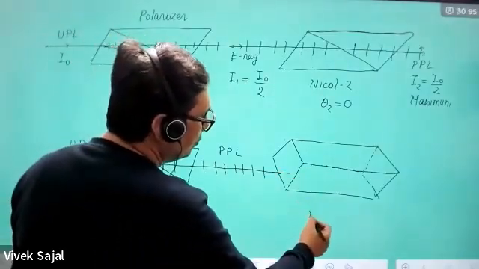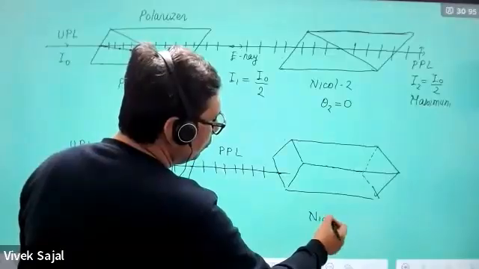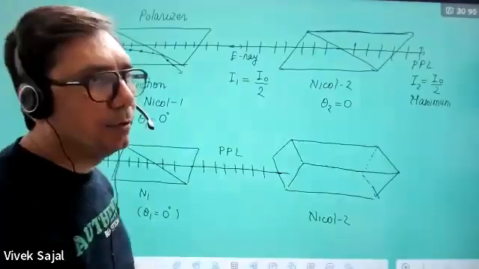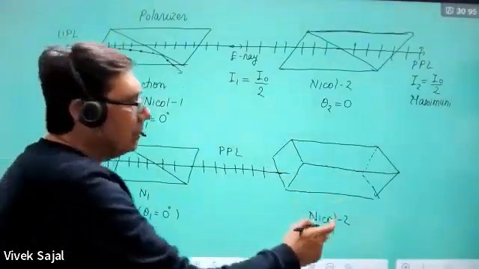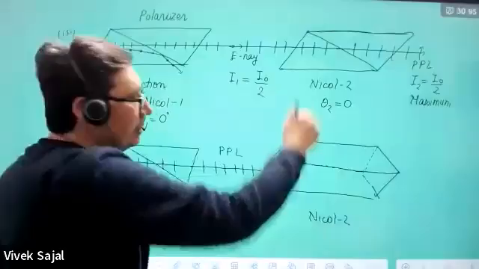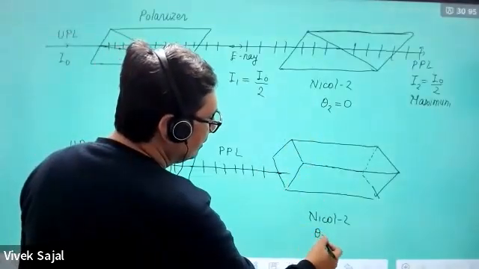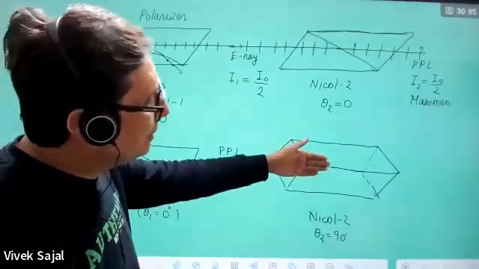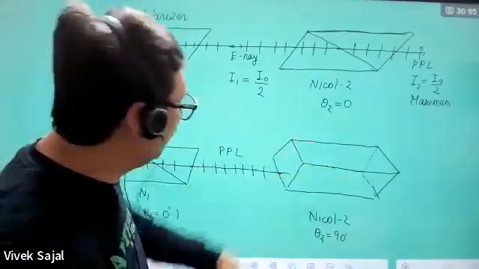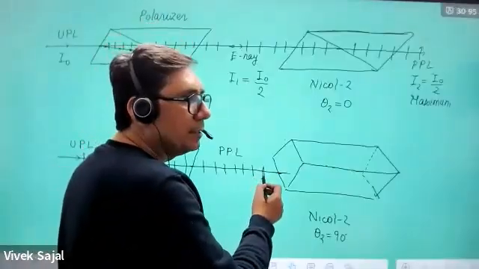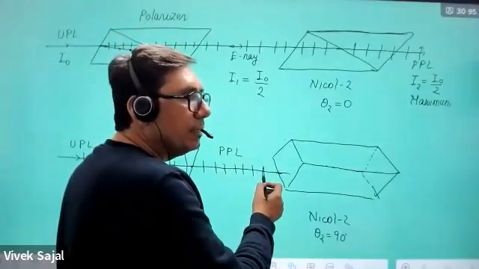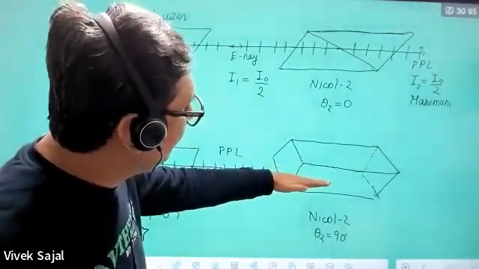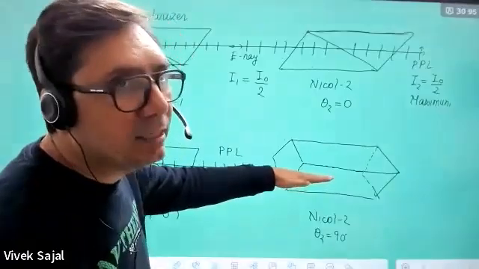Now this is Nicol 2. But this time its principal section is perpendicular to the board. You have rotated this Nicol by 90 degrees. So theta 2 here is 90 degrees. If the principal section is perpendicular to the board, then these electric vectors become perpendicular to the Nicol's principal section.